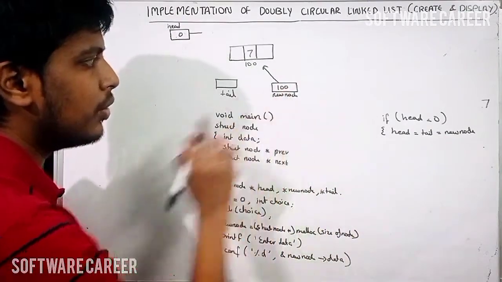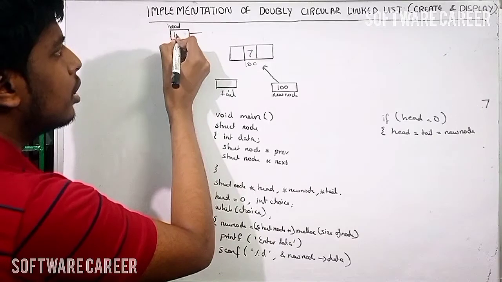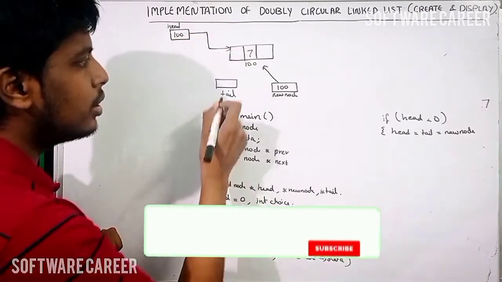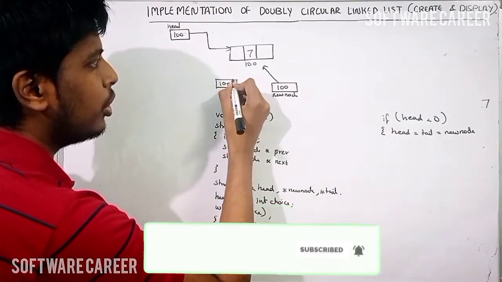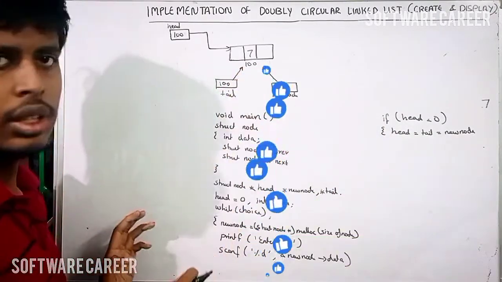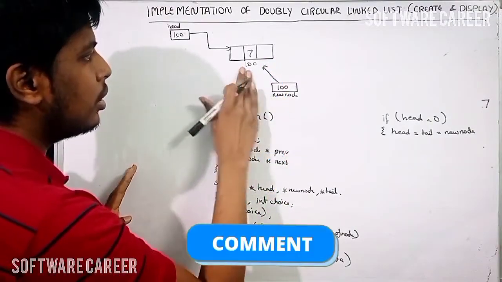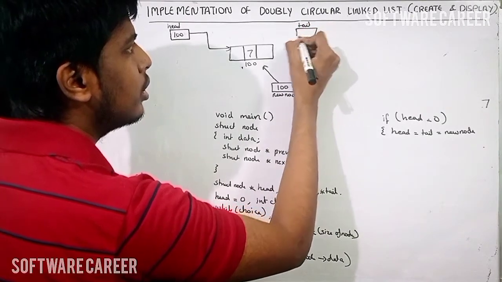What is the address given in new node? 100. So I am writing in head 100. So this pointer points towards this node. And this tail pointer also gets new node 100, so this pointer also points towards this node. Now I'll write this tail on the upper side. Tail is 100.